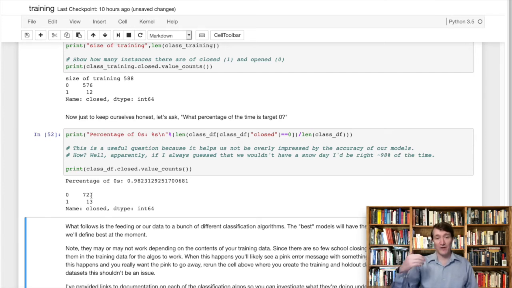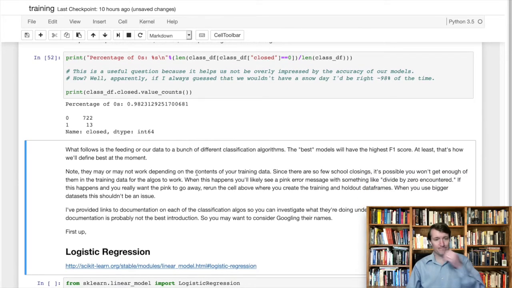Overall, there were 722 days where school was open and 13 where school was closed. So this gives you that sort of look at the overall data, including our testing and training. So again, we want to beat 98%, otherwise we're just doing the same as always guessing school is open.